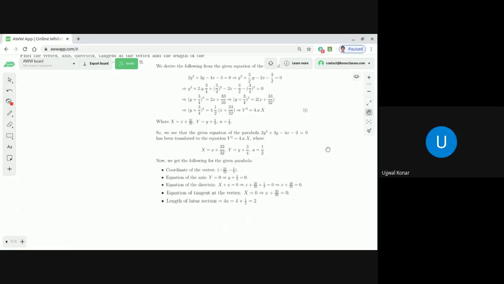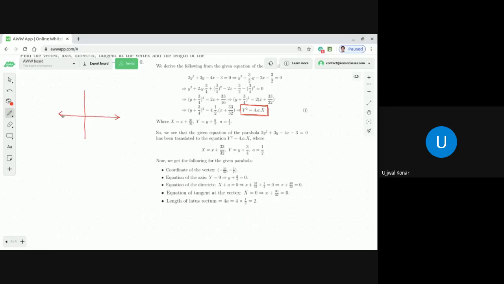Whatever equation was given, from that equation we made a transformation to y square equal to 4ax. Correct? Now, y square equal to 4ax means it is a parabola.